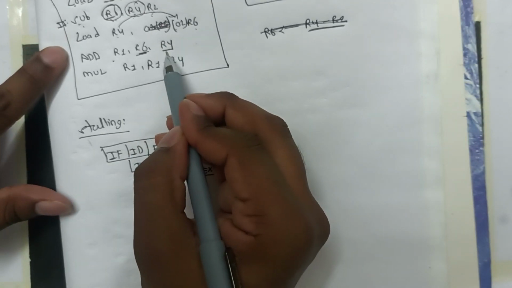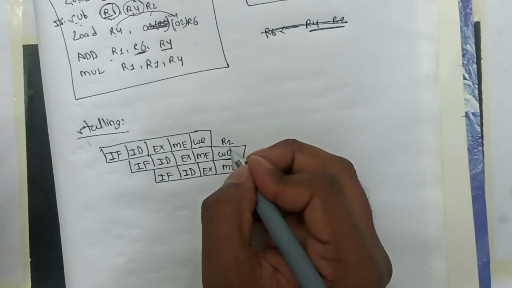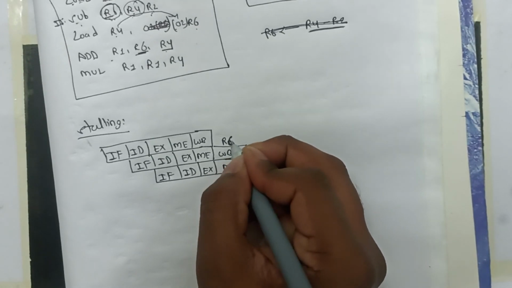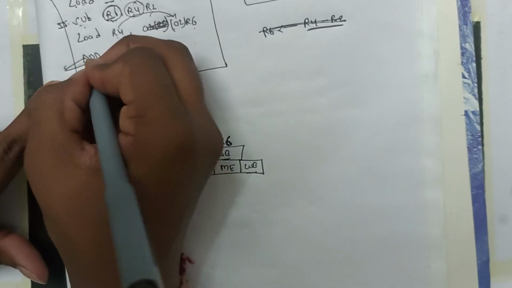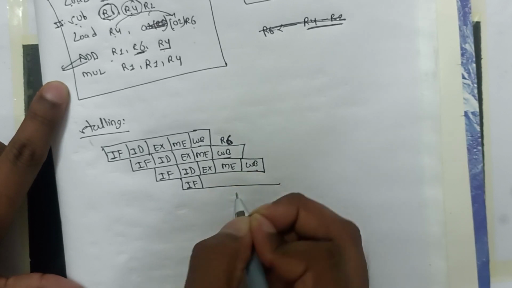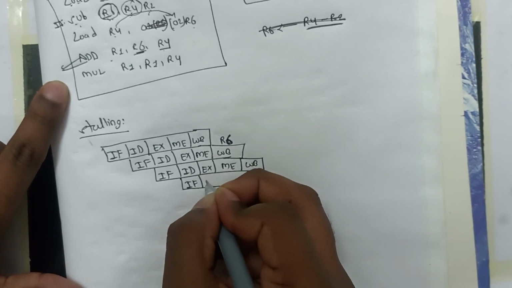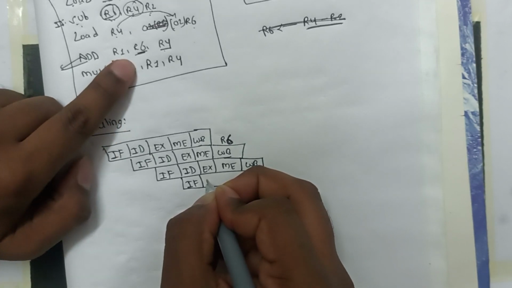Is R4 dependent? No. If we get the updated value of R6, then we can perform this add operation. In the instruction fetch phase, can we take the value of R6 here?